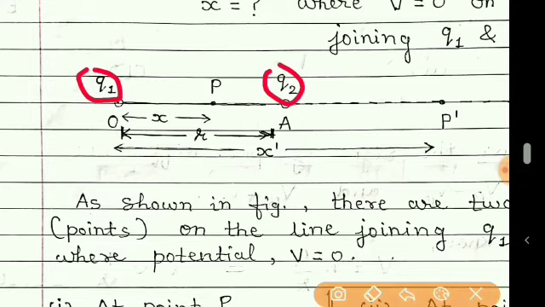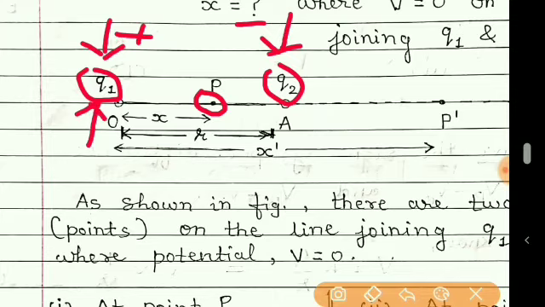Now one more possibility. Here the magnitude of this charge is more in this case and this is less. One is positive and the other is negative. So we can find a point on this line where the potential is 0. But if the magnitude of this charge is less than this charge, then we will find a point on this side where the potential is 0 rather than this point.